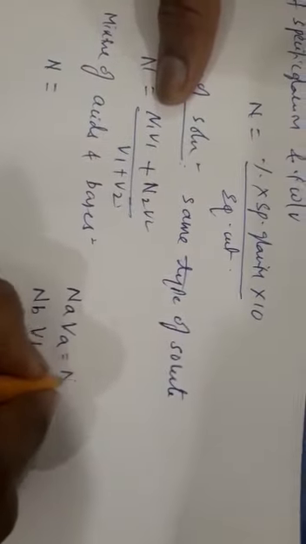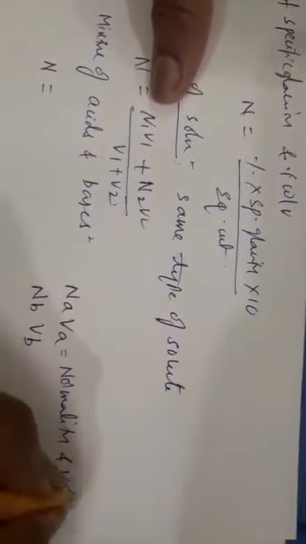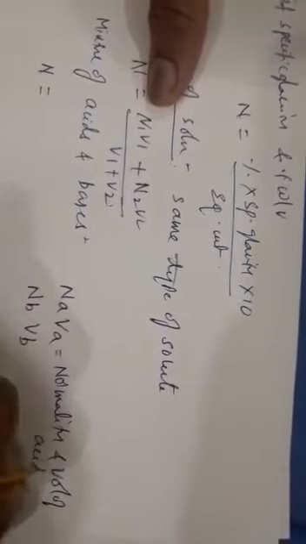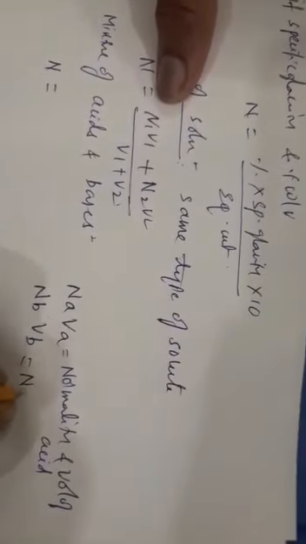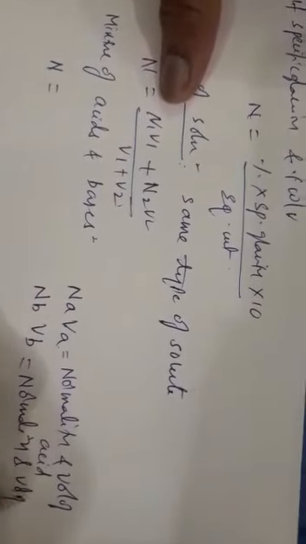So NaVa is the normality and volume of acid, and NbVb is the normality and volume of base.